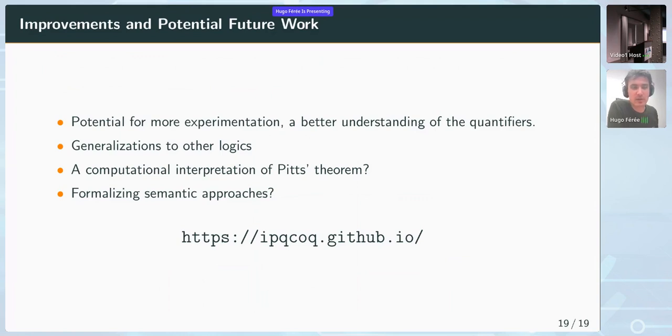So this theorem actually holds for other logics than intuitionistic propositional logic, and we would like to get the essence, like the key assumptions that make this theorem work on many logics. And finally, we'd like to understand the computational interpretation of that theorem, seeing that logic on the computational side. And well, thank you for your attention, and I'm happy to take questions now.